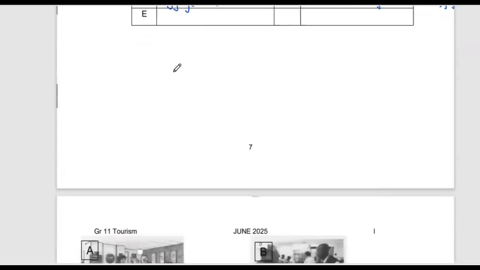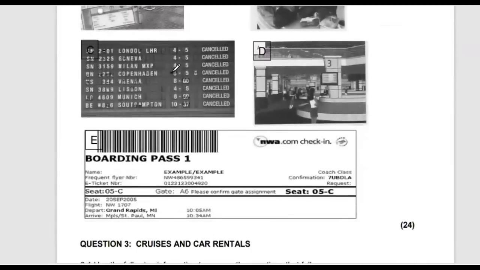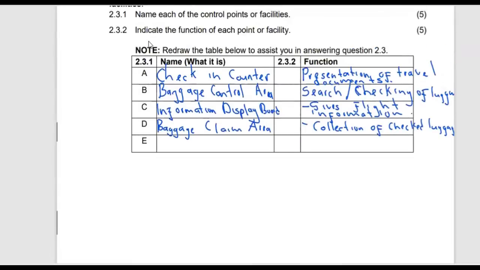Then moving on to the next one, it's a boarding pass. It is actually a document. The purpose of a boarding pass: it is a ticket-like form with flight details.